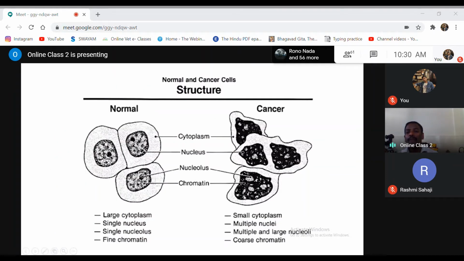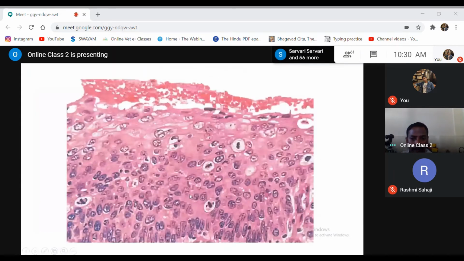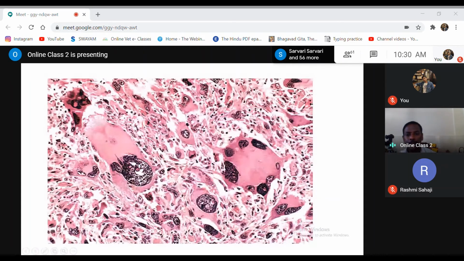Then another picture you can find is that there will be multiple nucleus. Instead of a single nucleus, say in this schematic also you can find there are 2 nucleus here. So if you go to this picture, this is 1 cell.